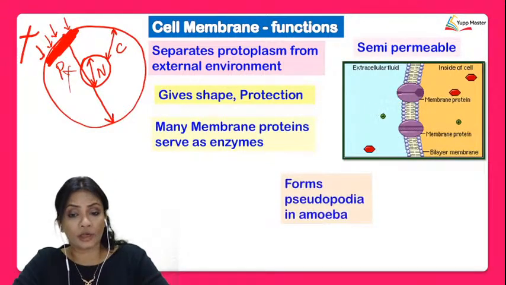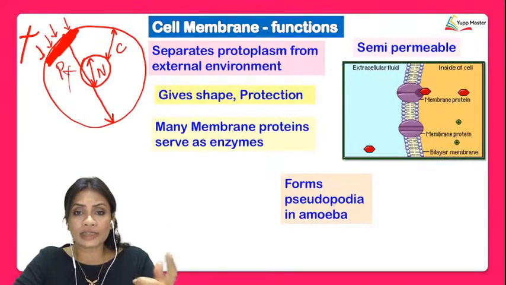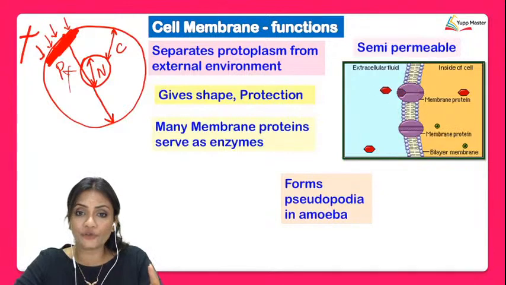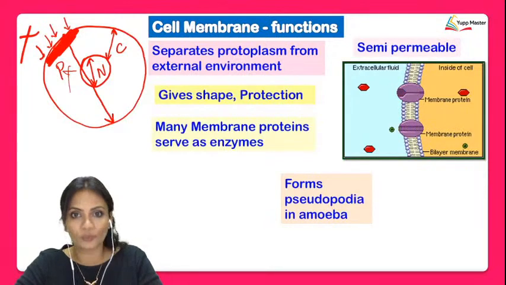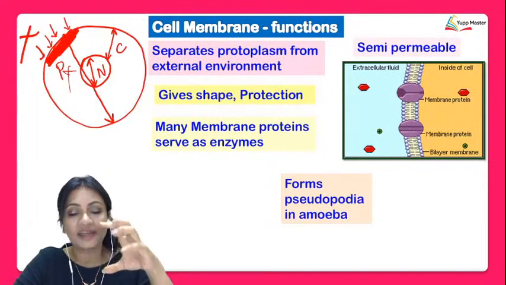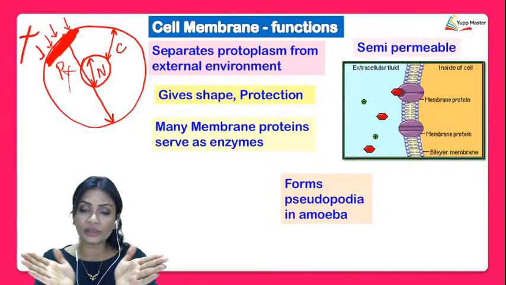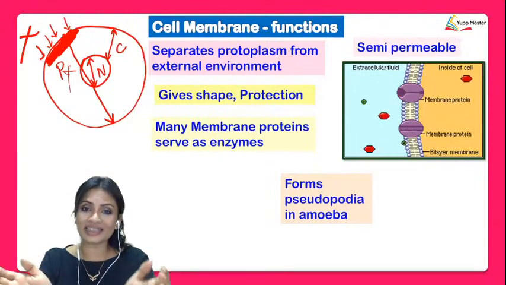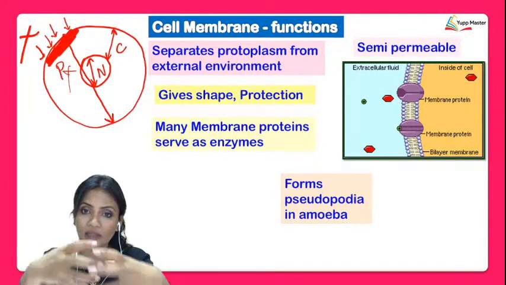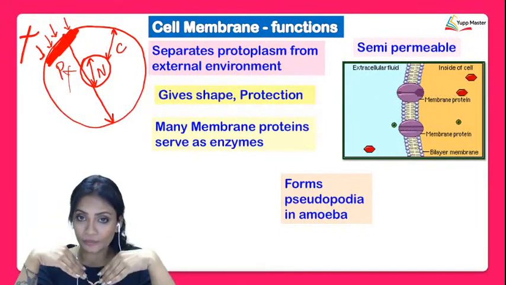Okay. Then, in unicellular organisms like the amoeba, the cell membrane is actually going to form the pseudopodia. So, when we talk about amoeba and when they want to take food in, how are they going to take food in? Well, the cell membrane is going to just change its shape in such a way that it is able to engulf that food substance. So, it is taking it in, alright.